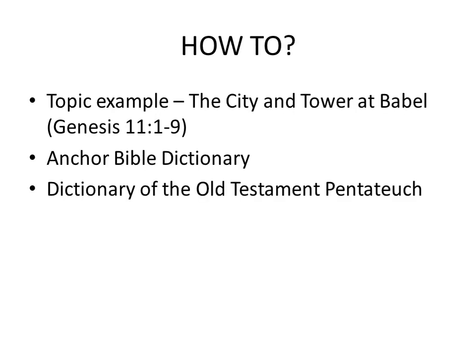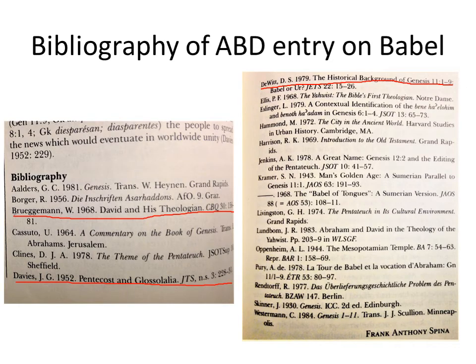So, for example, if I have a topic, the city and the tower at Babel, I would start at two places: the Anchor Bible Dictionary and the Dictionary of the Old Testament Pentateuch. So I read the entry on the Anchor Bible Dictionary on Babel, and then I go to the bibliography, because now I want to expand my research sources.